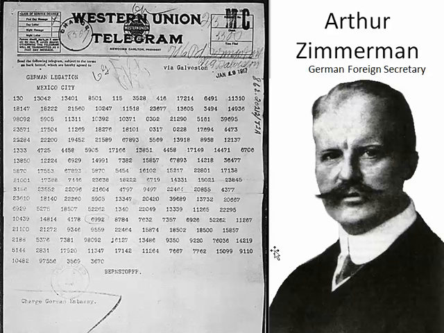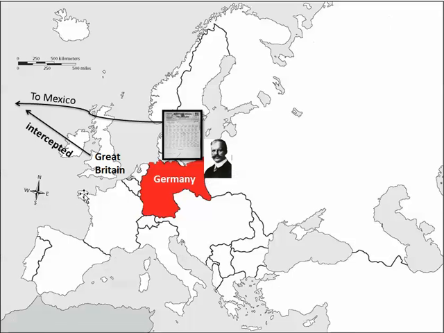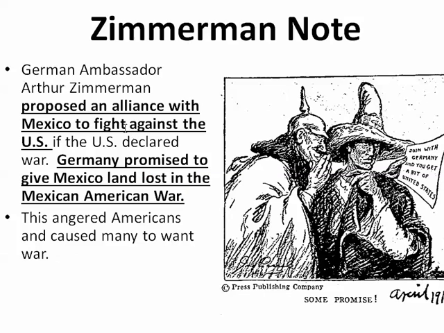Arthur Zimmerman was the German foreign secretary. He sent this telegram over wire to Mexico, and Great Britain intercepts the wire going from Germany to Mexico. In it, Zimmerman proposed an alliance with Mexico, saying that if the United States joined the war, if Mexico would declare war against the United States, then at the conclusion of the war, when Germany had victory, it would give Mexico a lot of the land it lost in the Mexican-American War.